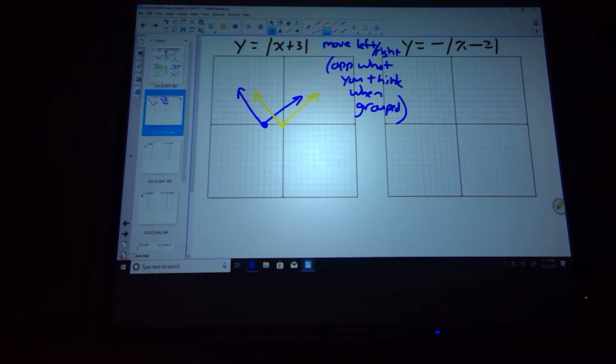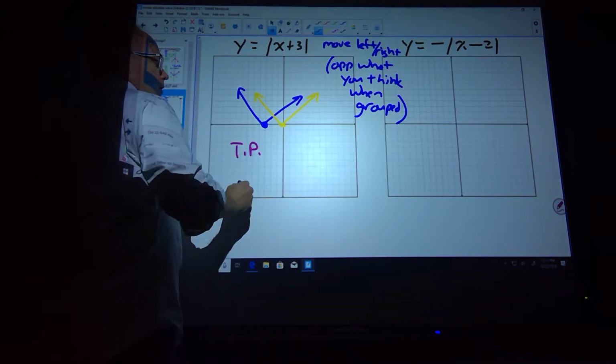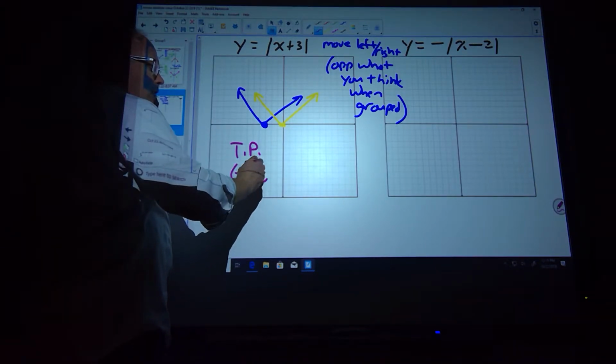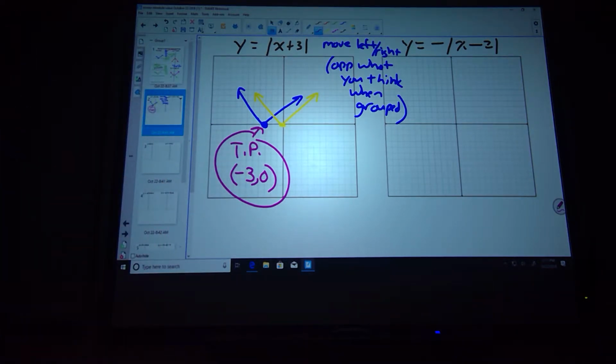Different TPs, different turning points. Turning point went where? On 3. So the turning point went to -3, 0. Is that okay? So it went from 0, 0 to -3, 0. So if it's grouped, it's going to go the opposite direction you would think.